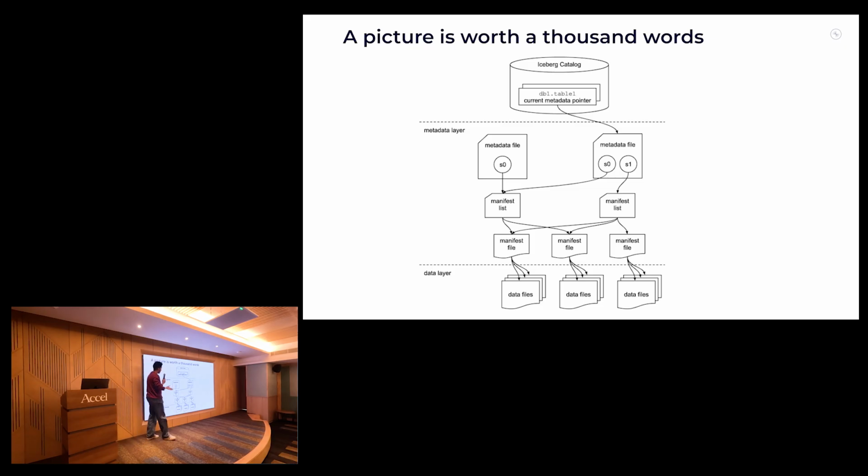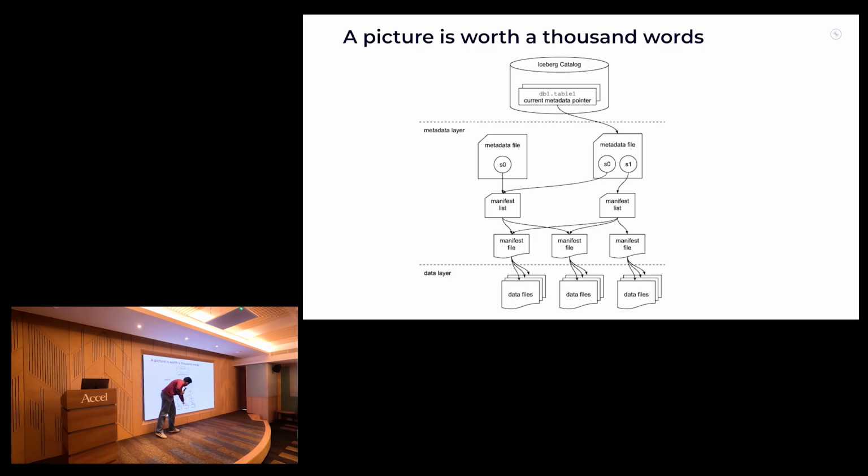Let's say there are some data files that have data that satisfies our query. From the manifest list, we will get the list of manifests, and it will prune at that level as well. Let's say only this manifest file has some data matching the query we are running. So it doesn't need to go to this subtree or this subtree. It just has to get this manifest file, and check which data files satisfy the query.